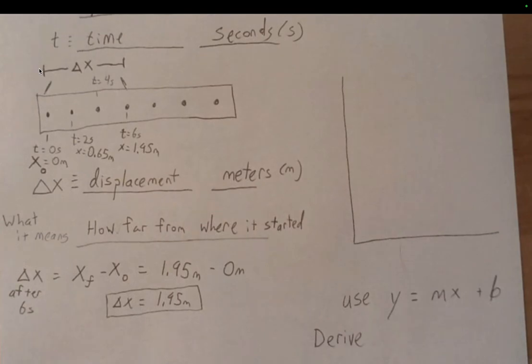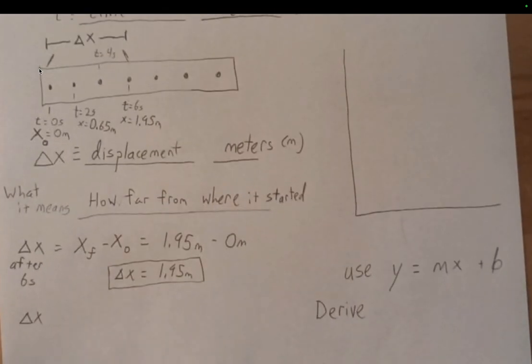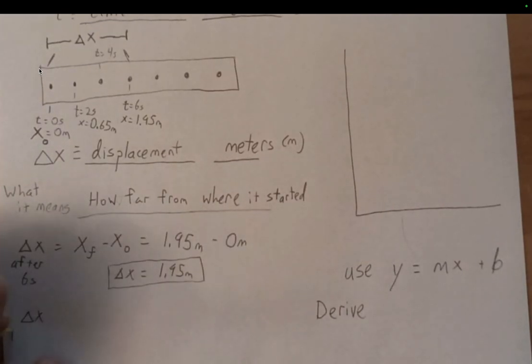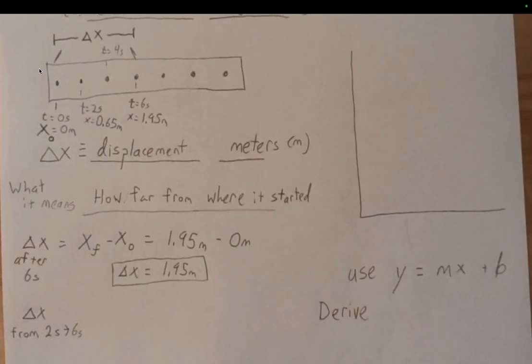Now we could also look at a displacement in between other time segments. So we could also look at a displacement from 2 seconds to 6 seconds. So we could look at a displacement in that case.